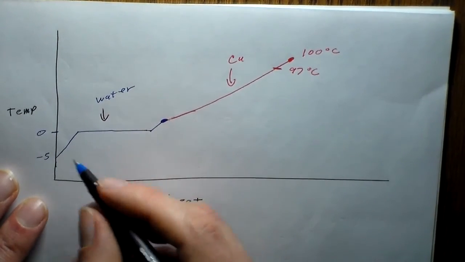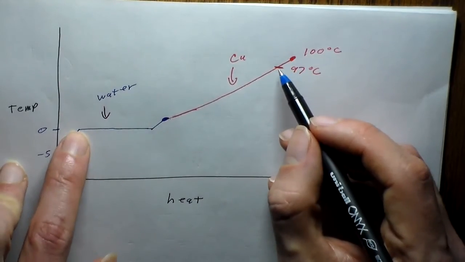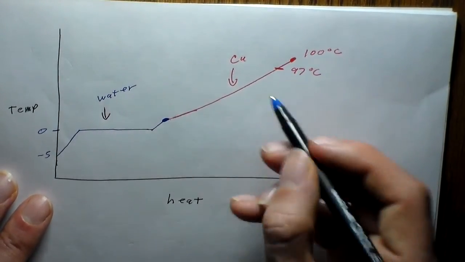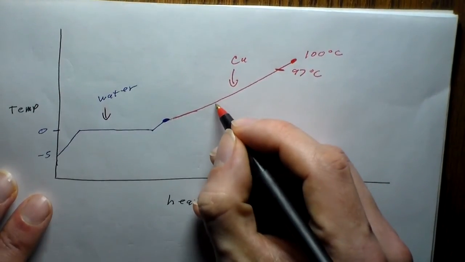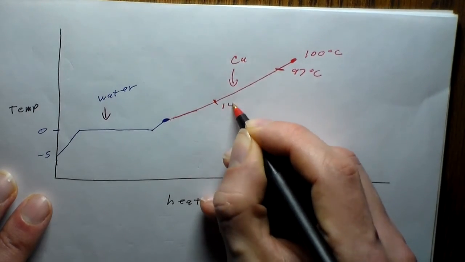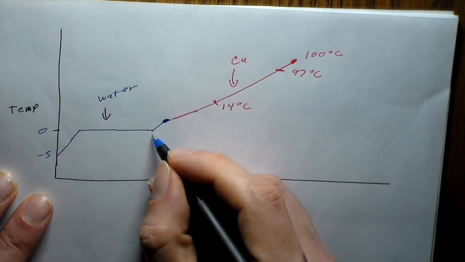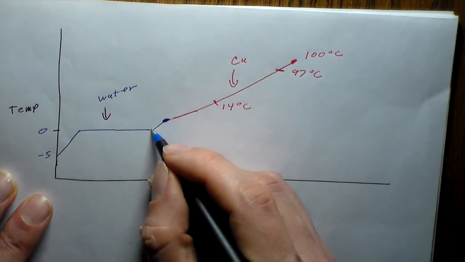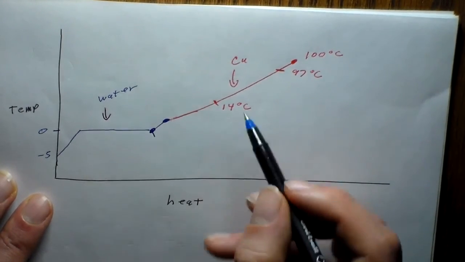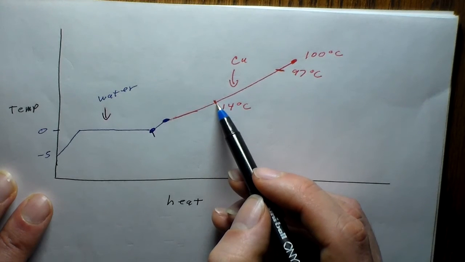That's that first thing we did, and then of course we melted the ice, and once we did that, we got down here to 14 degrees Celsius or so. So that's when we melted all the ice.